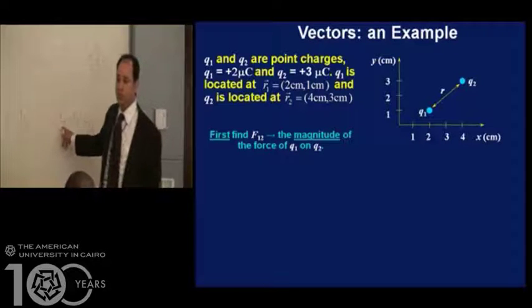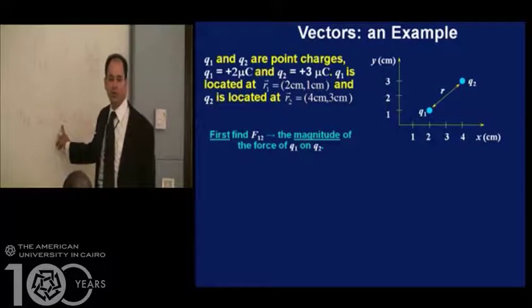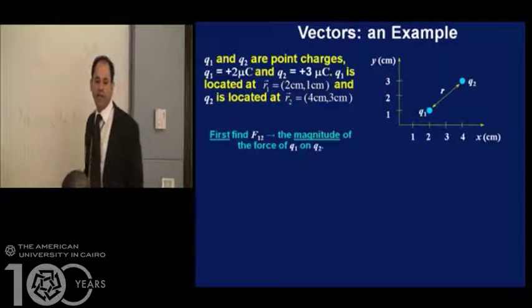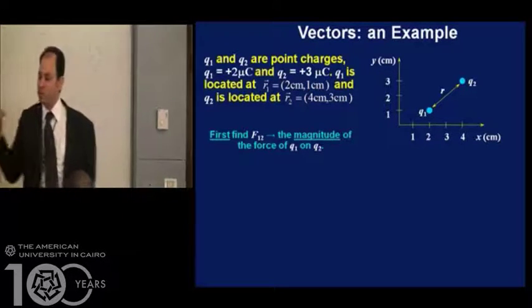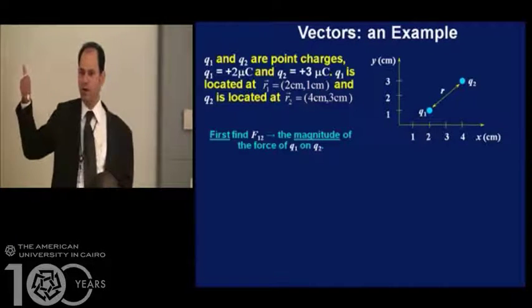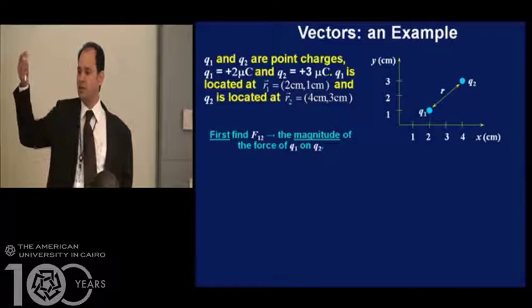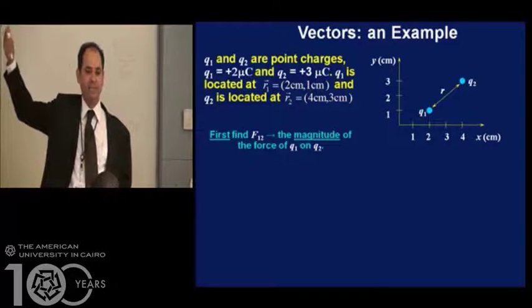x2 equals 4. Actually 0.04. Not 4. Am I right? Yes. Why is it 0.04 not 4? Because we have to use the system of units, which is meter, kilogram and second.